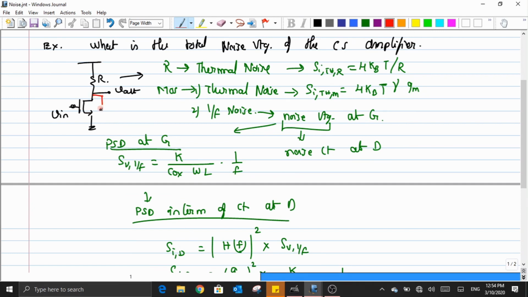One of the currents can be taken as this power spectral density, and there is one more current power spectral density, and the power spectral density of the noise contributed by the resistor. So all these three power spectral densities appear in parallel with respect to the node Vout. Clear? So I want to evaluate the total noise current through this output port, so I can add those power spectral densities.